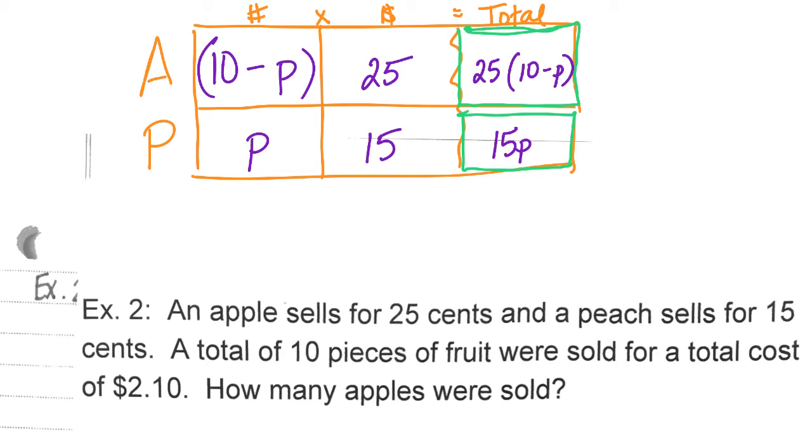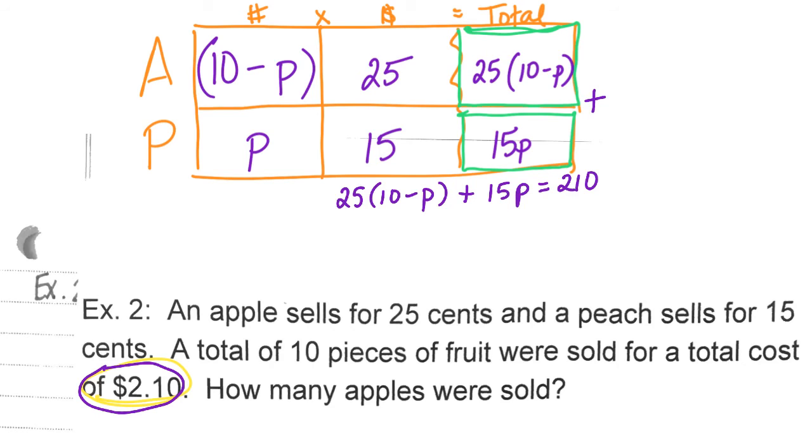And let's set up an equation. It says that they sold for a total of $2.10, but remember, I dropped the decimals. So if I take the apples and add them to the peaches, it's going to equal 210. 25 times 10 minus p plus 15p is equal to 210.